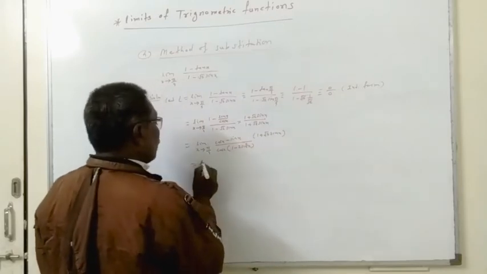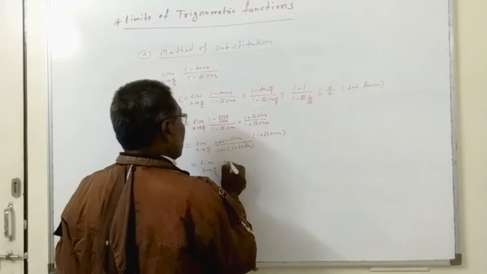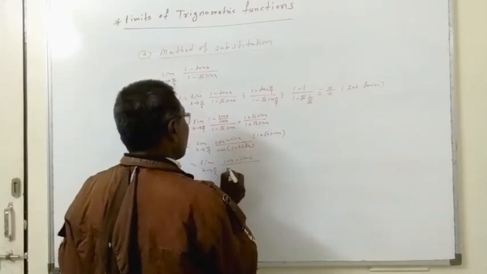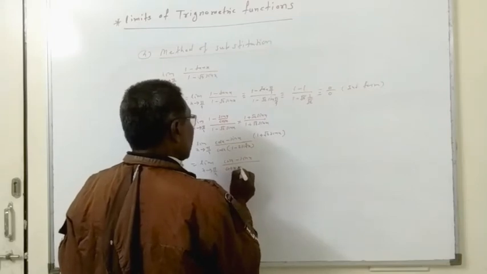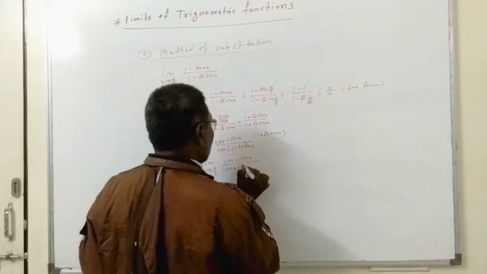Now we will use the identity: 1 means sin square plus cos square.